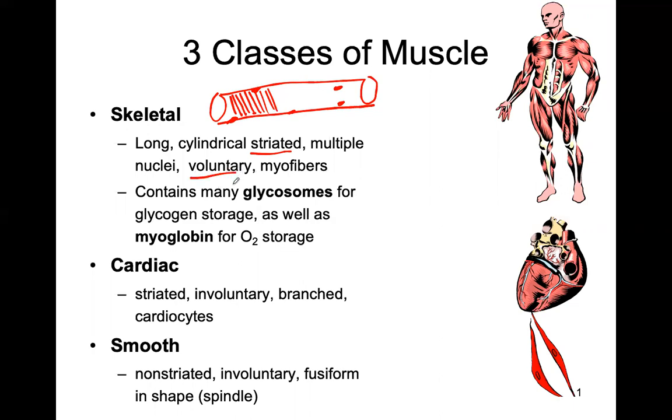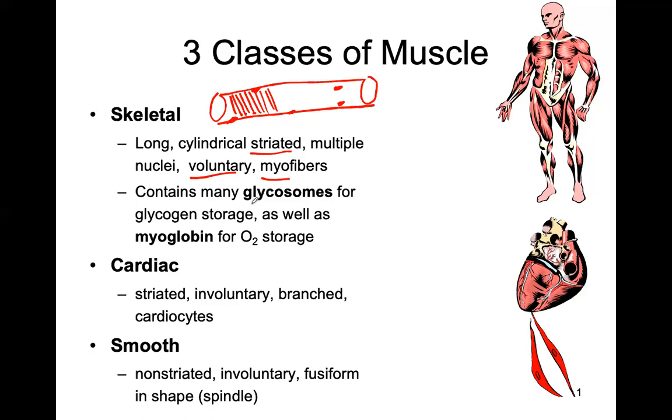Again, looking back at what you learned about the nervous system, the somatic branch of the nervous system was responsible for controlling skeletal muscle movement, which was voluntary. Because of the length of these cells, they are elongated. They are called myofibers. The word myo implies muscle, and fibers implies that these cells are long.